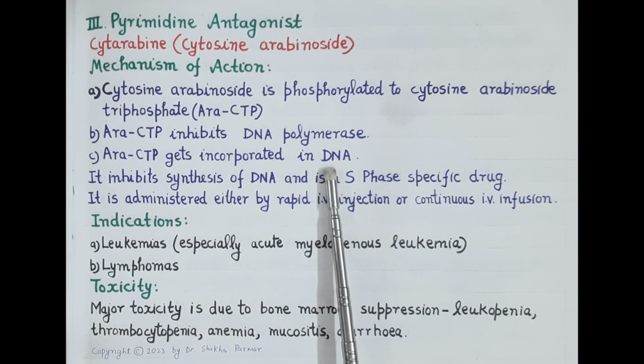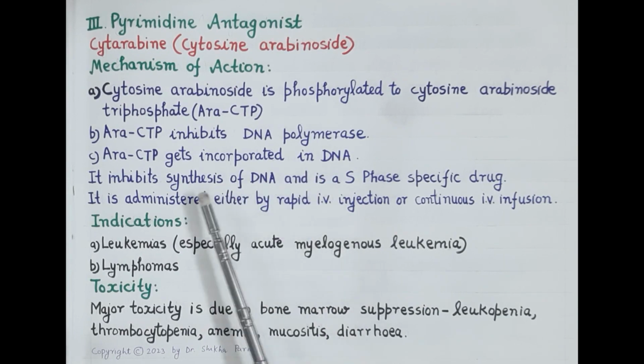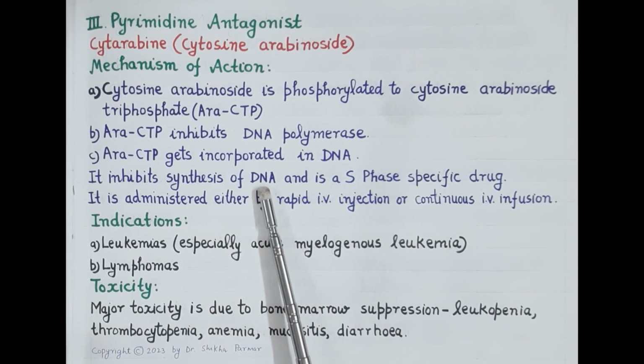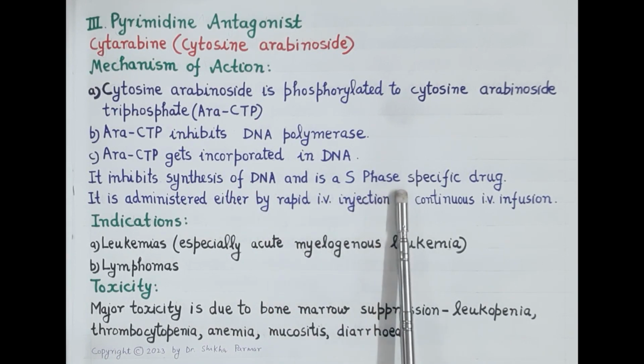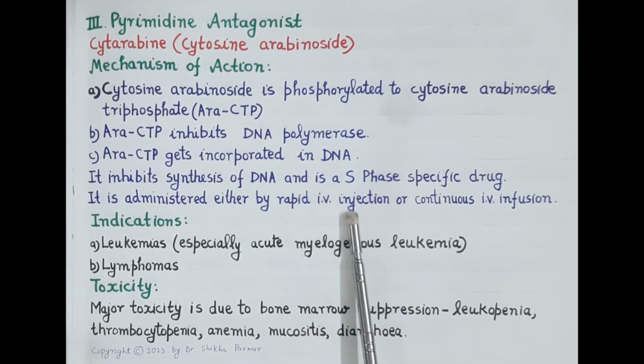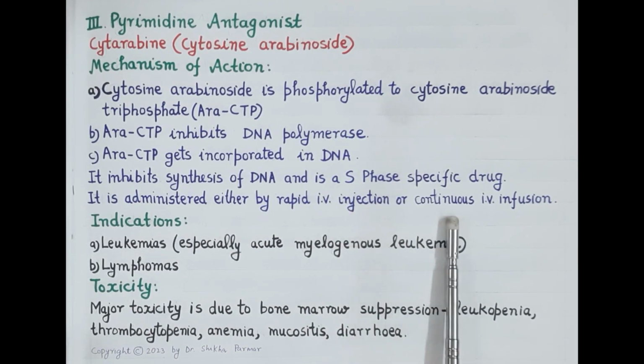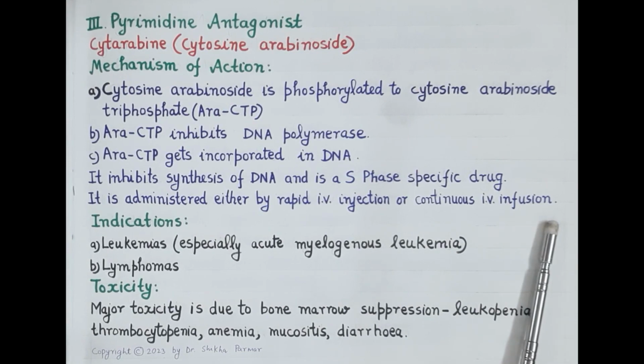Thus, cytarabine prevents the proliferation of cancer cells by inhibiting synthesis of DNA. It is an S-phase specific drug. It is administered either by rapid IV injection or continuously by IV infusion.